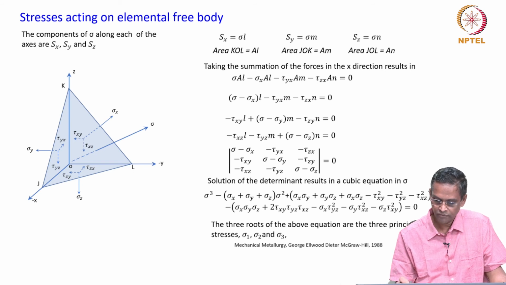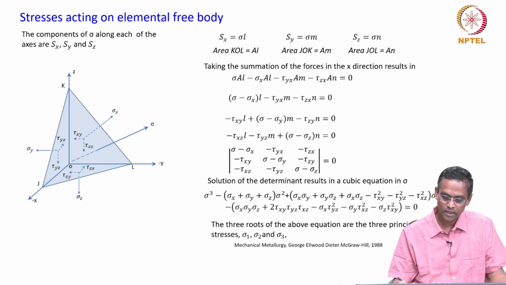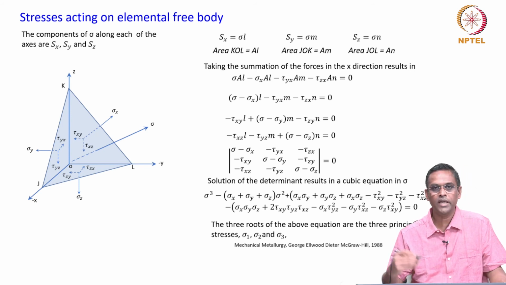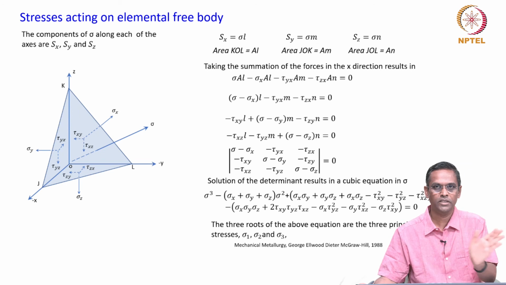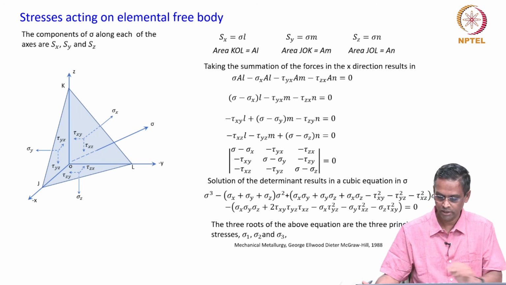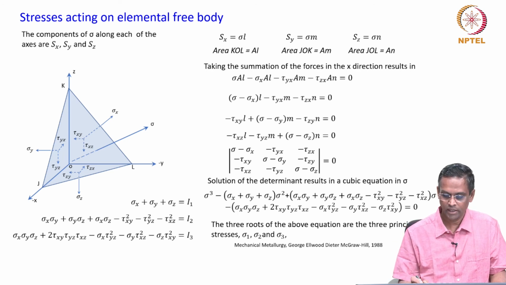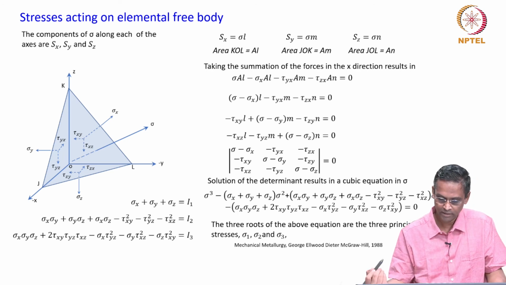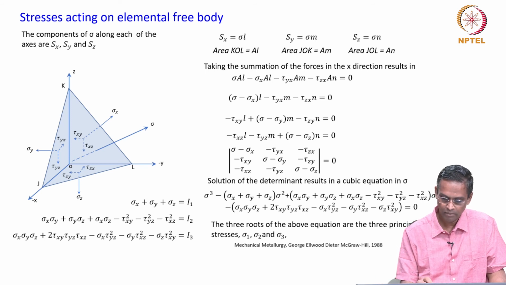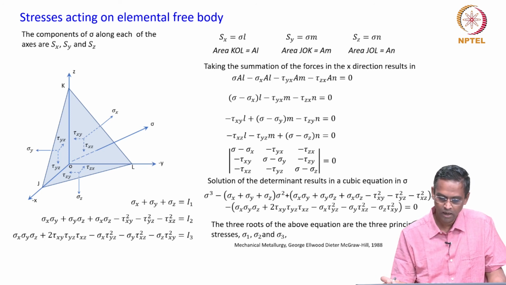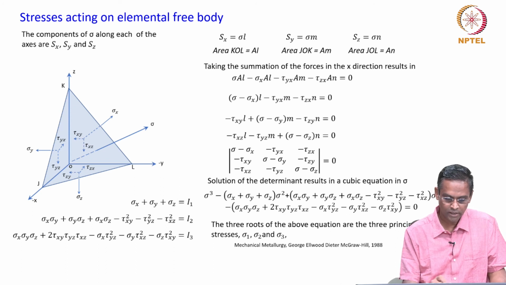This combination of stresses associated with the coefficients of sigma will not change even if you change to any different coordinate system, and that is why they are called stress invariants. You should know what a stress invariant is. These are the combinations of stress in the coefficients of sigma. The first invariant is sigma x plus sigma y plus sigma z, that is I1, then I2 is written like this, and then this is I3.